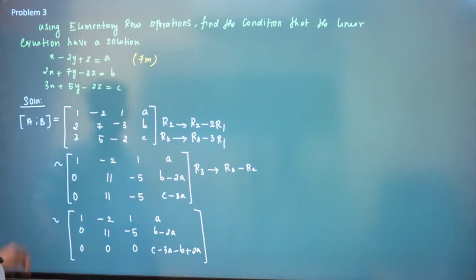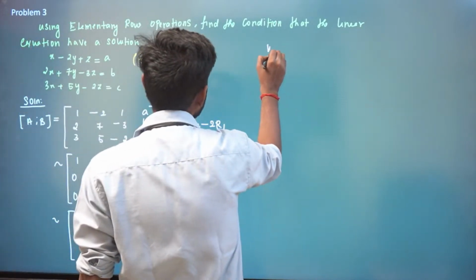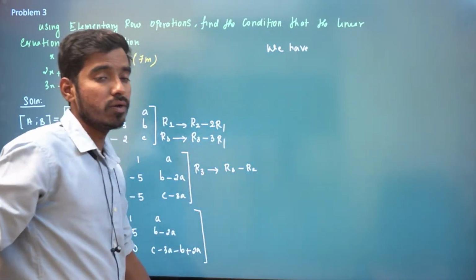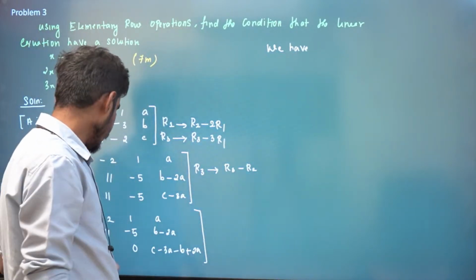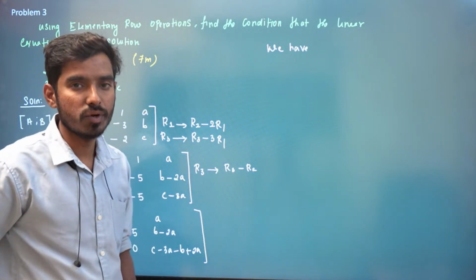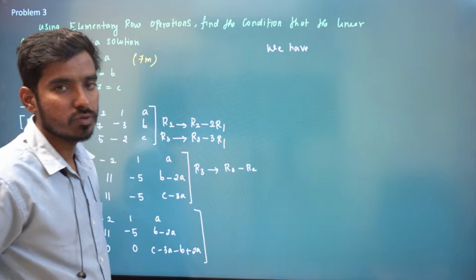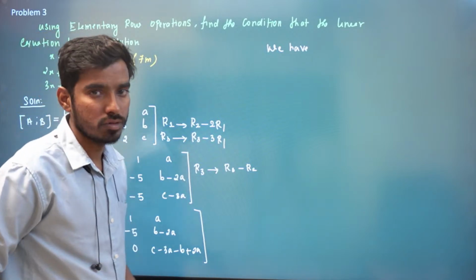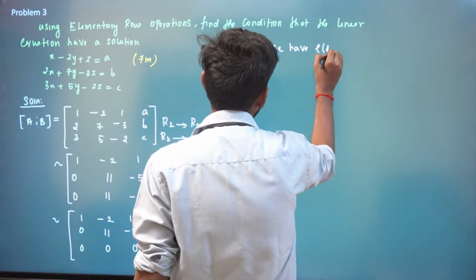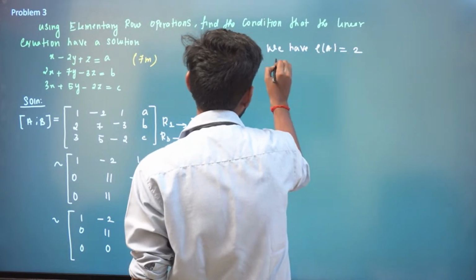Right, now we can see that surely it will not have a unique solution, because you can see rank of A is 2, and only if rank of A is 3 and rank of A comma B is 3 will it have a unique solution. So surely this will have infinite or no solution. So this will have infinite solutions. We have rank of A equal to 2.